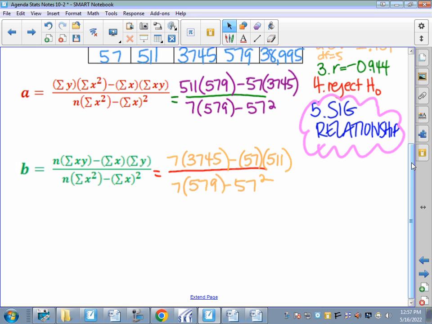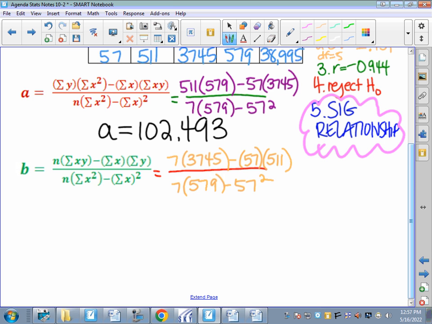When I calculated this, again, make sure that you verify and double check you got the calculator down, I ended up with a equal to 102.493. I know it seems a bit excessive, but we just said that we need to go to 3 decimal places. b is a much smaller value. Remember, b is the slope.